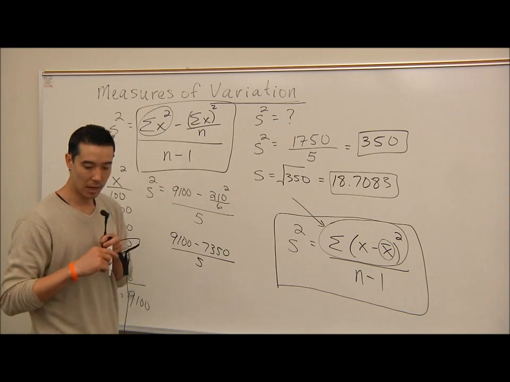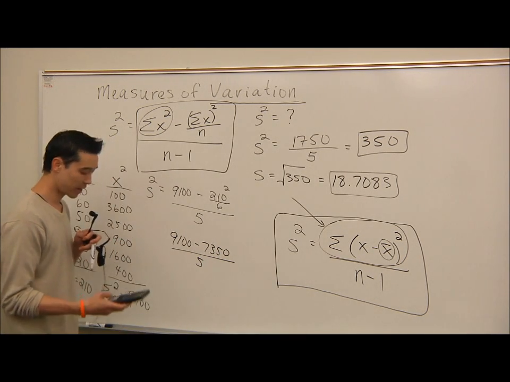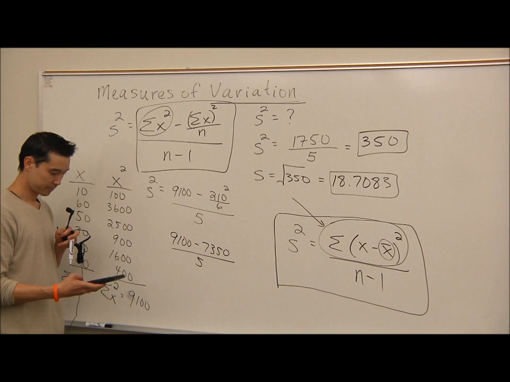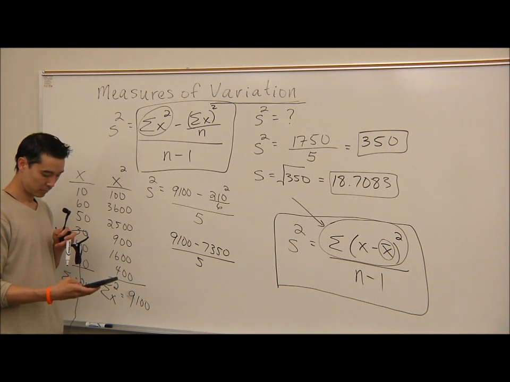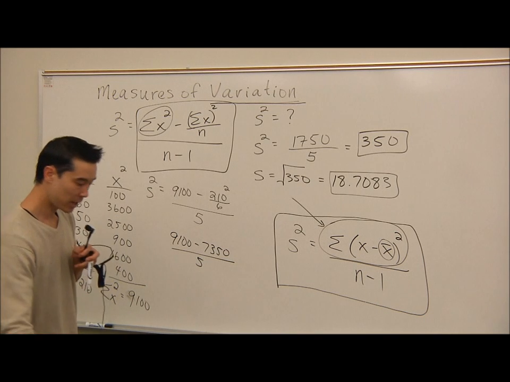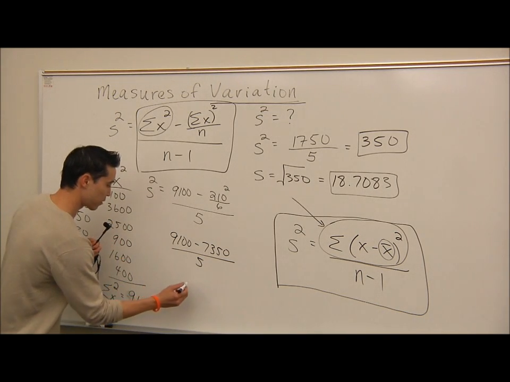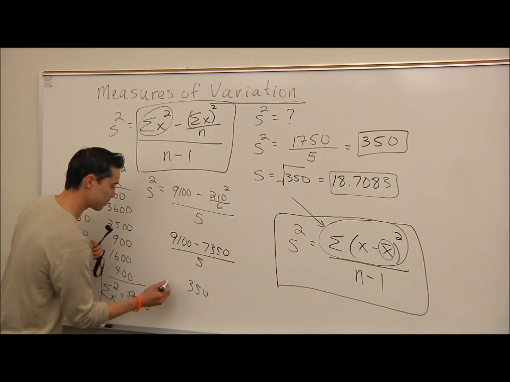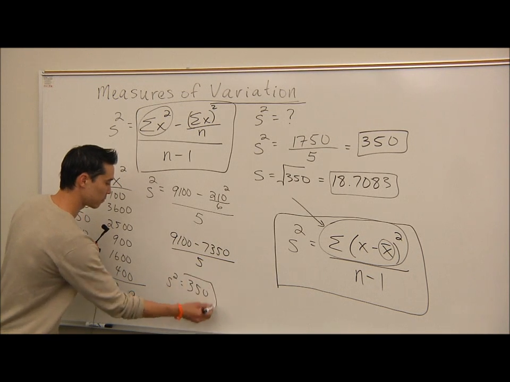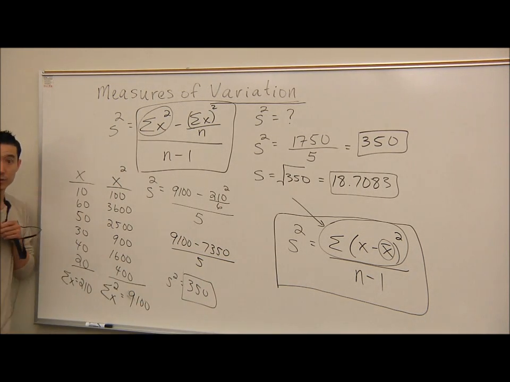Do that one in the top first, then hit enter, and then divide by 5. And you get 350. That is your shortcut method for finding the sample variance, and then of course you take the square root of that to get the standard deviation.